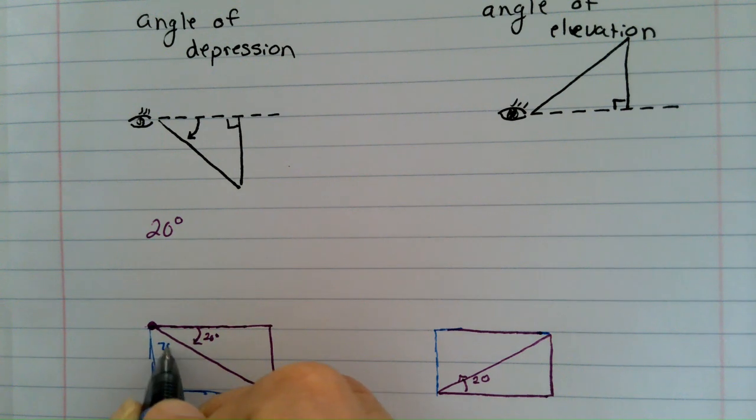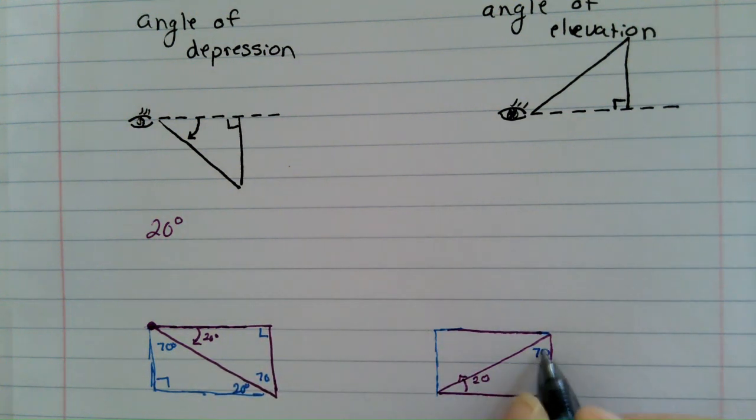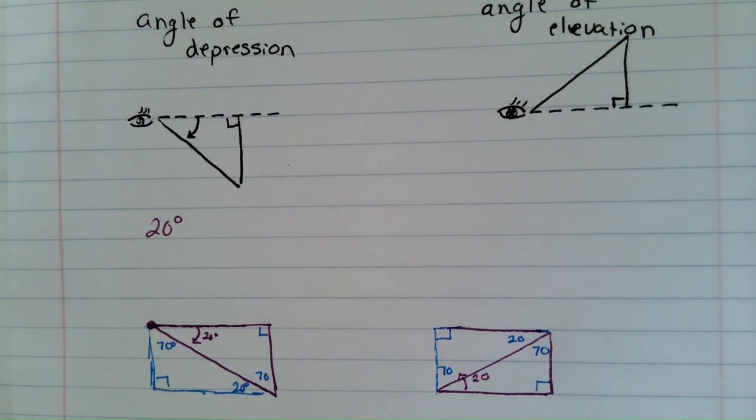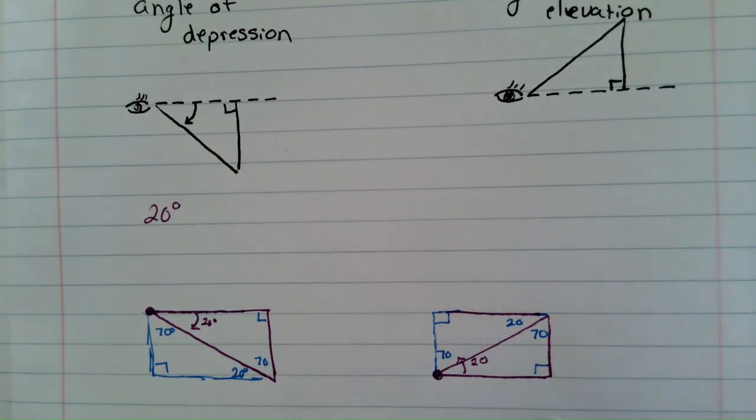Now this is 20, this is 70, this is 90. So if this is 20, this is 70, this is 90, this is 20, this is 90, this is 70. Either way, we're standing at the 20-degree corner, right?